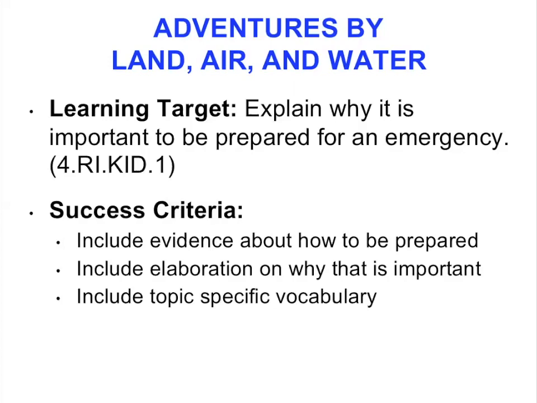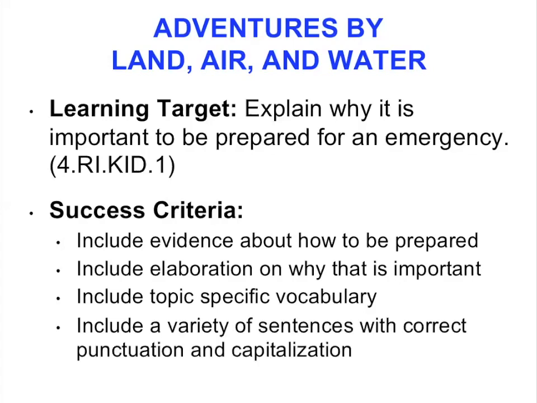We wanted to include topic-specific vocabulary. Think back to those words like non-perishable and survive. Those were very topic-specific vocabulary words. And then finally, we want to include a variety of sentences with correct punctuation and capitalization. We always want to use our best grammar and writing knowledge to produce the best writing we can.